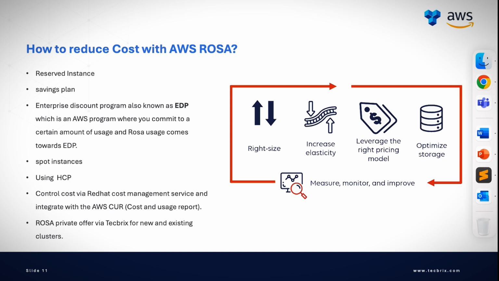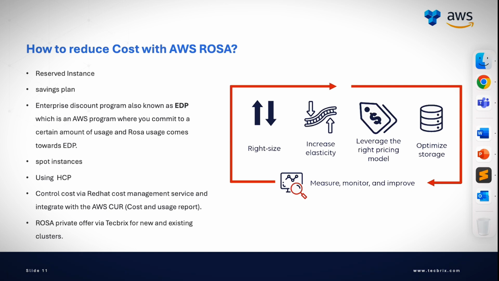And next, you can also control the cost with the Red Hat Cost Management Service, where you can see your cost based on your application, based on how much quota you have allocated to your applications, based on the number of namespaces. All those things you can see in Red Hat Cost Management.